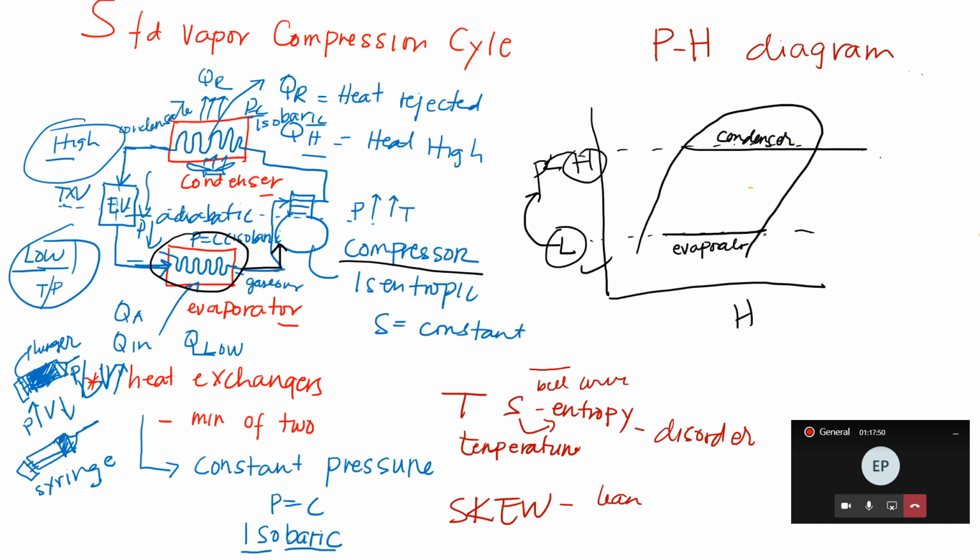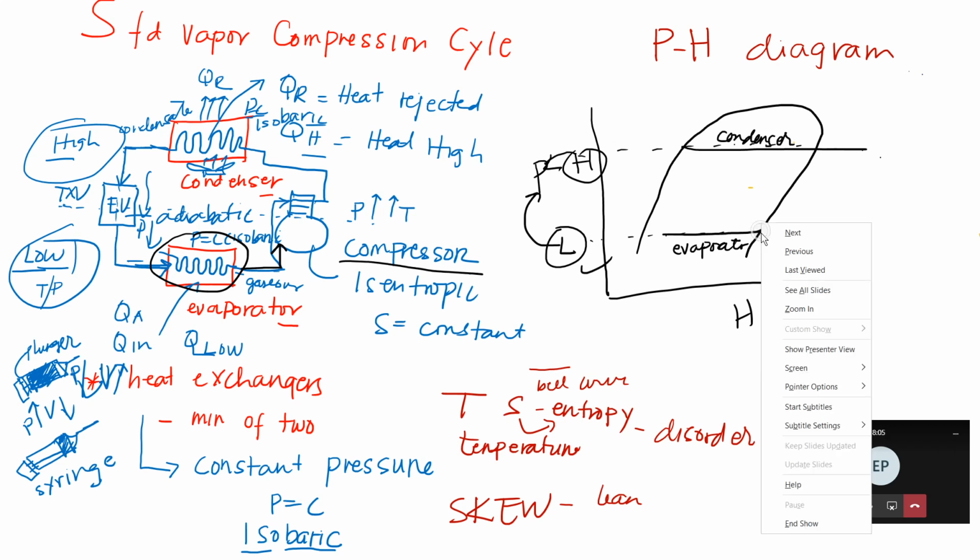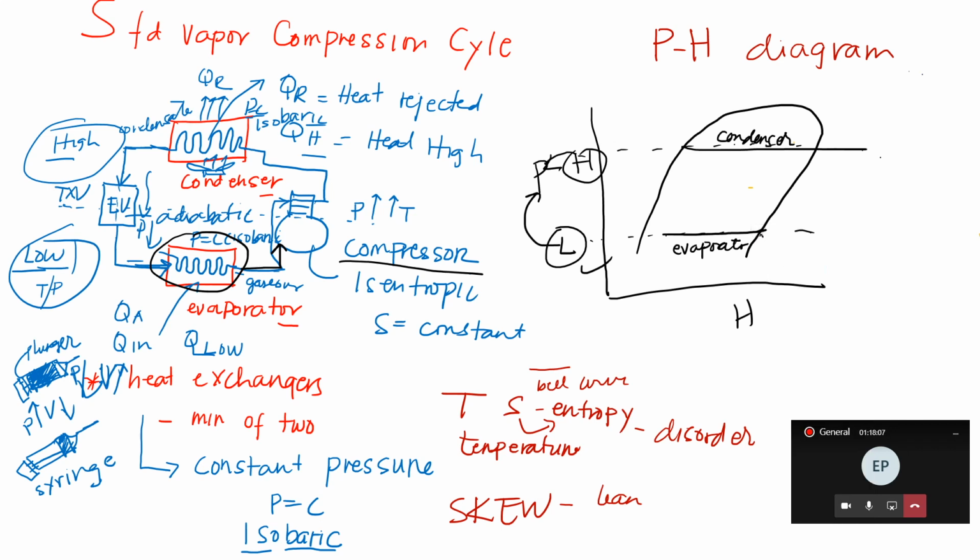So after the evaporator, look at this. Bakit ko nilagyan ng bilog yan? Because the function of the evaporator is to evaporate the refrigerant. So at this point, magkakaroon ka ng tinatawag na saturated vapor. At yun ang pumapasok sa entrance ng compressor.